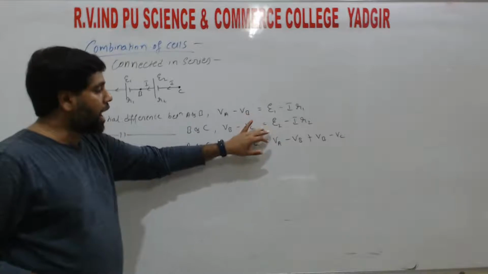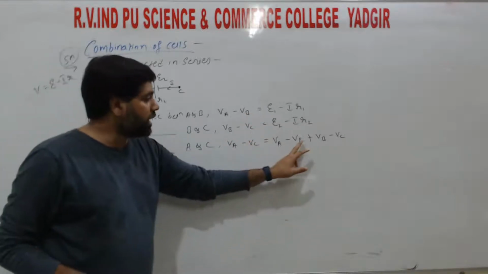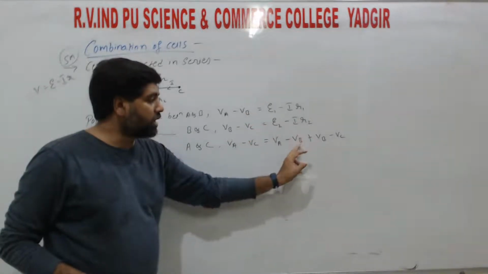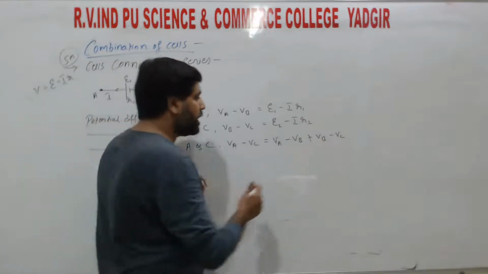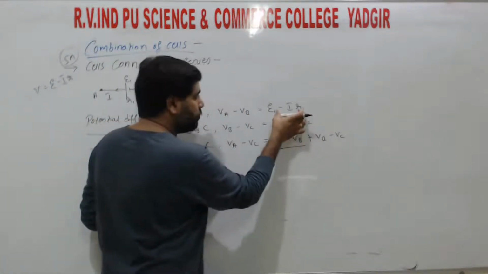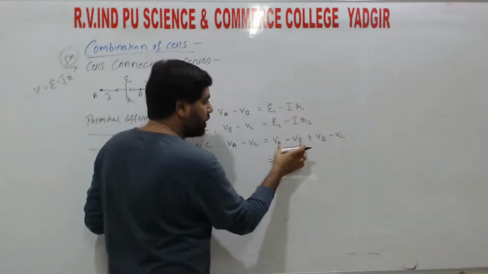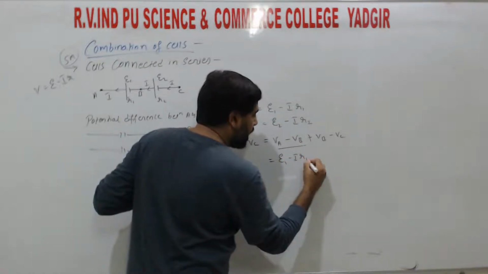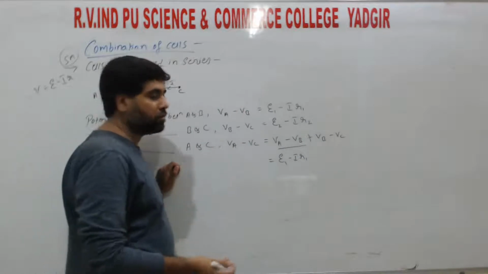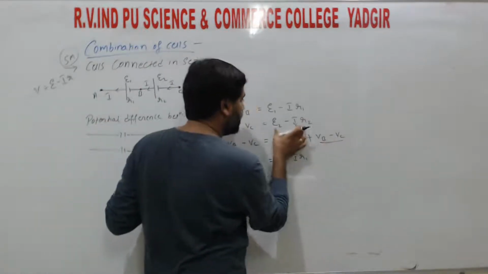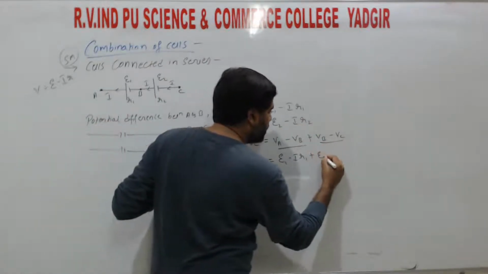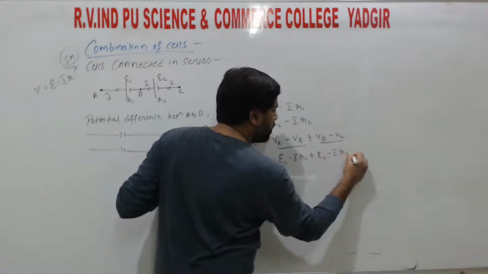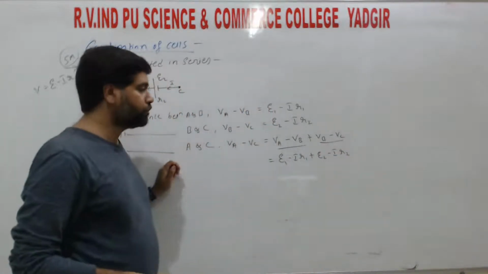So from this VA minus VB, we can write in place of it E1 minus I R1, right? Next, VB minus VC we can write as E2 minus I R2.